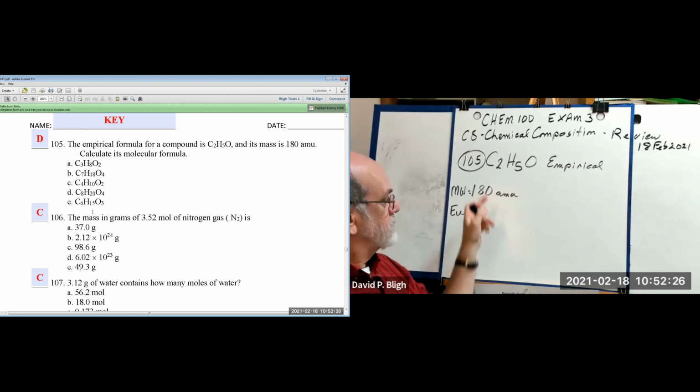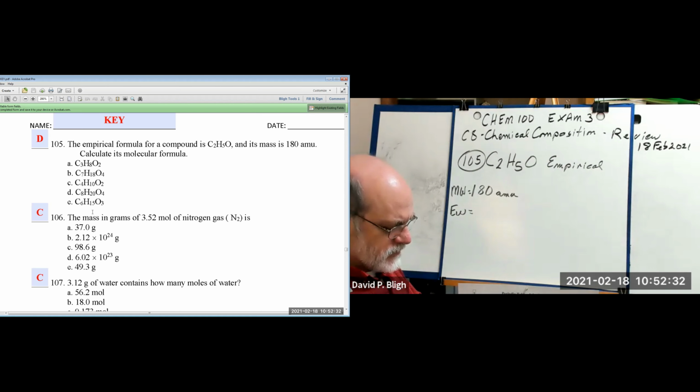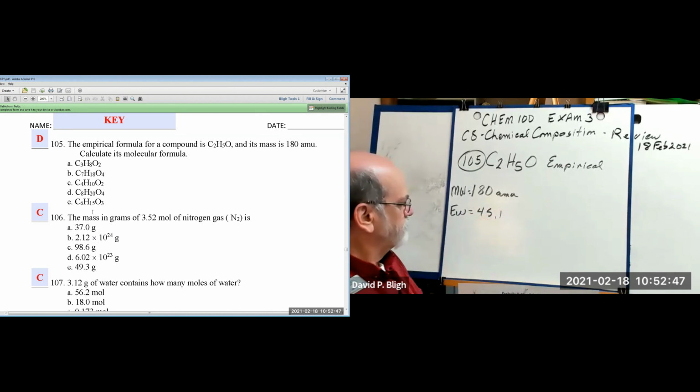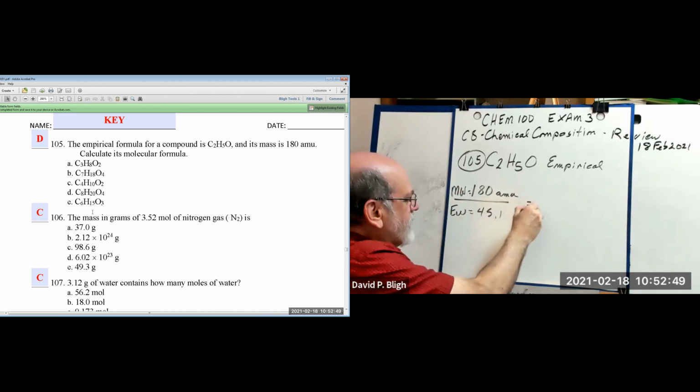So 2 times 12.01 is 24.02, and 5 times hydrogen is 5.05, and oxygen is 16. We've got 45.1. So divide that into that, and what do you get?